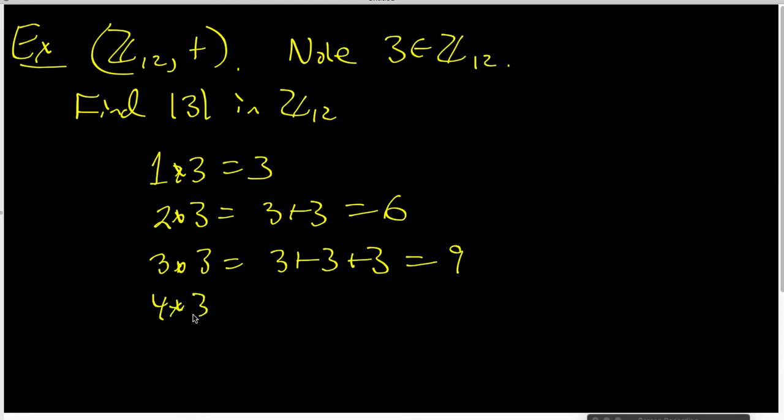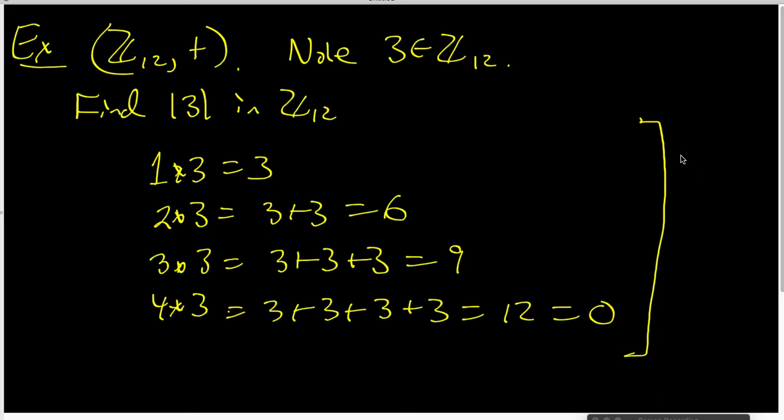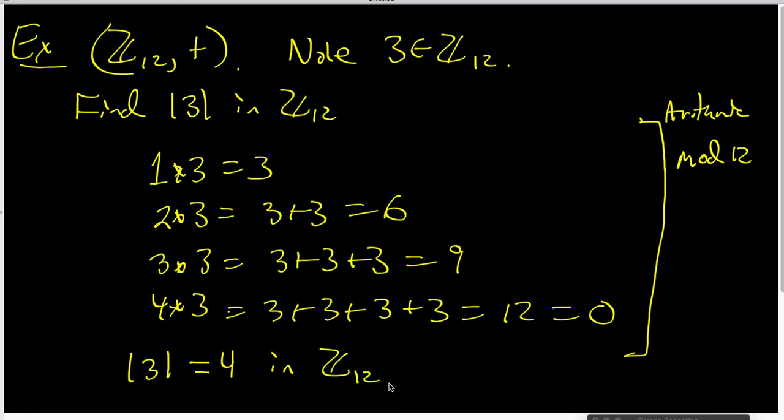And 4 times 3 is 3 plus 3 plus 3 plus 3, which is 12, which is the same thing as 0 when I'm thinking about all of my addition being done modulo 12. So the arithmetic here is in mod 12. And what this last statement says is that the order of 3 is going to be 4 inside the group Z12 under its addition.